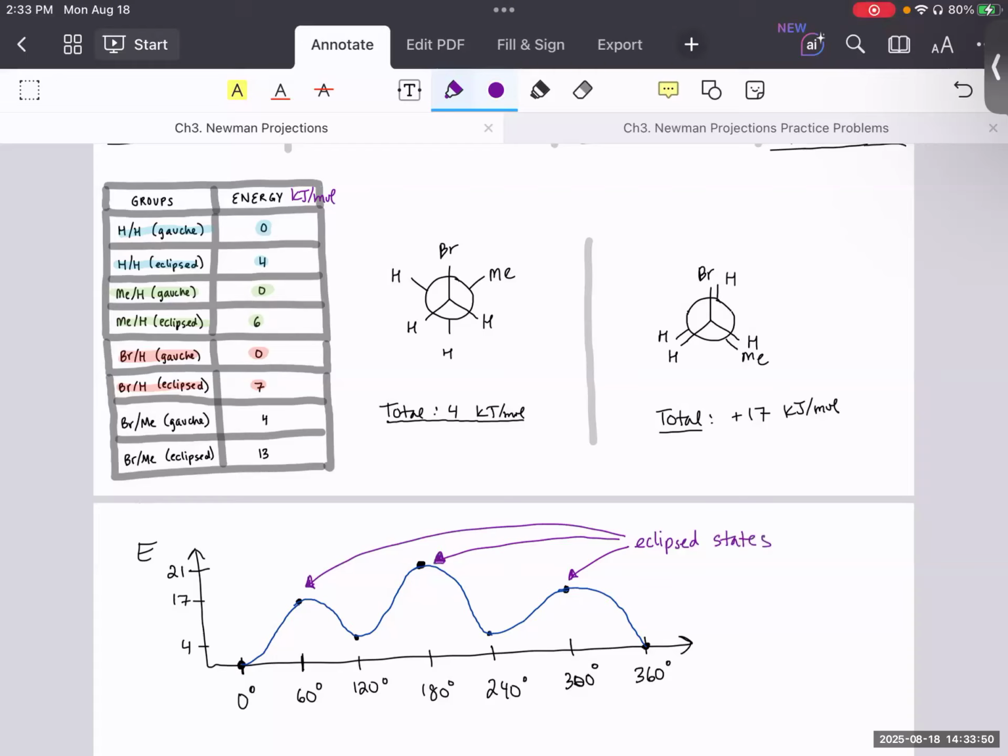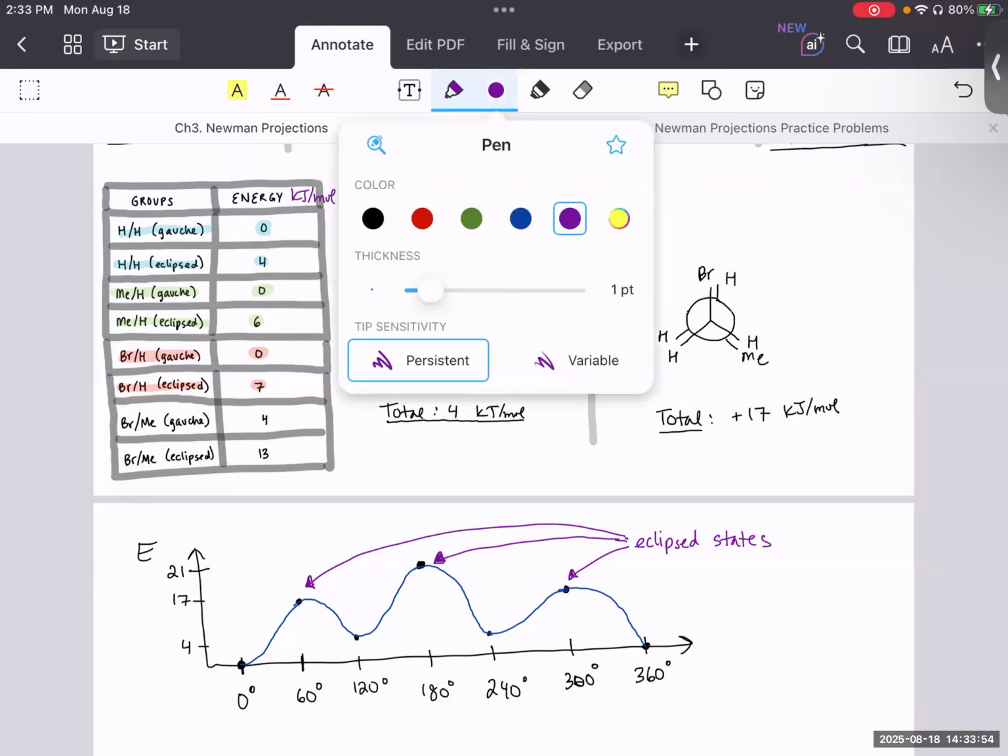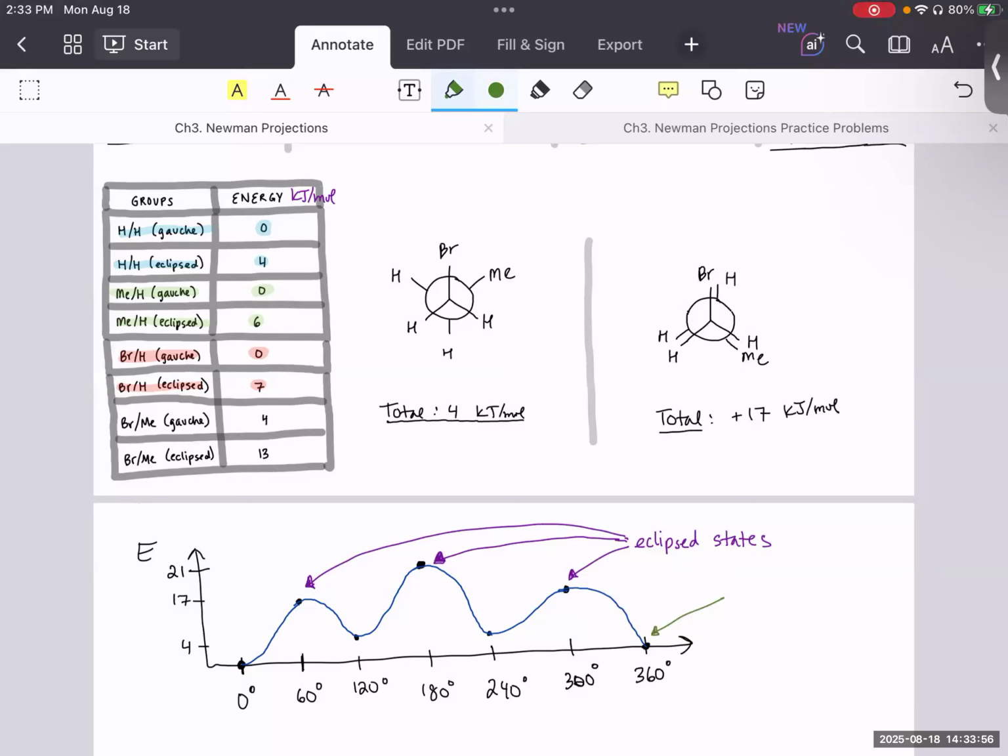That's the worst state for this molecule to be in. And then all of these in the bottom are going to be the staggered states. And so we can see that all the staggered states end up being lower than the eclipsed states. And you should see that wavy pattern going from the eclipsed to the staggered ones.